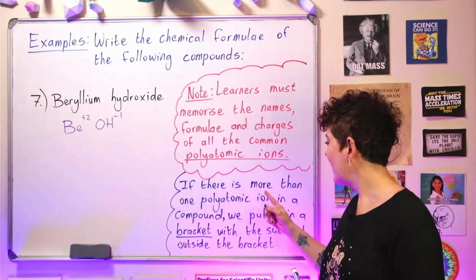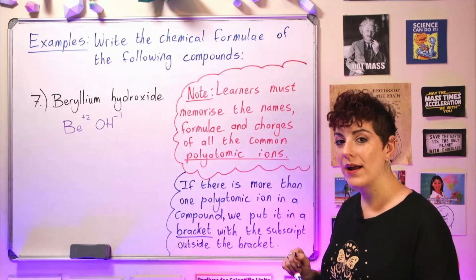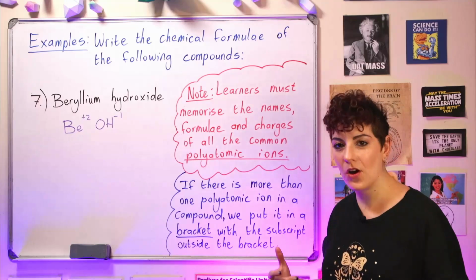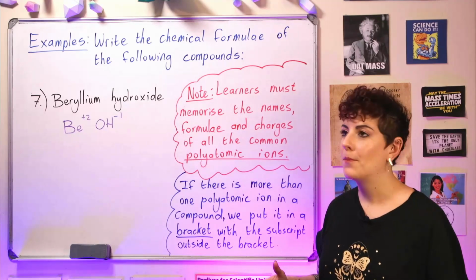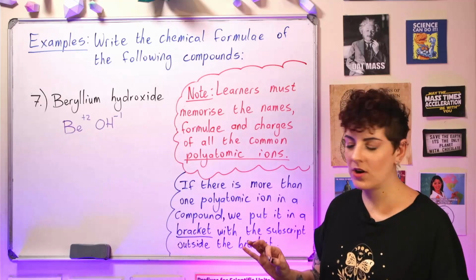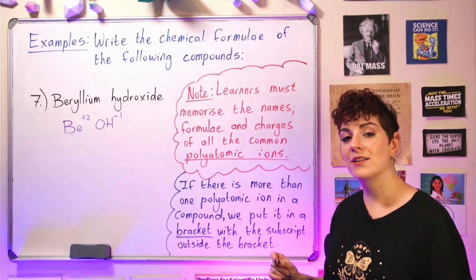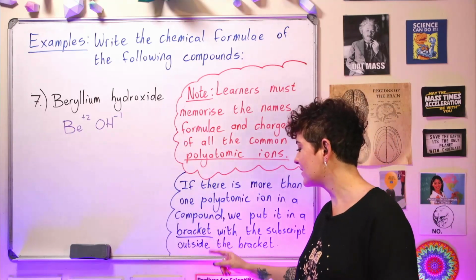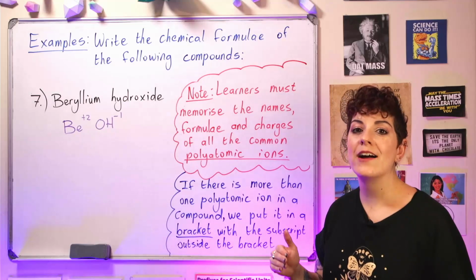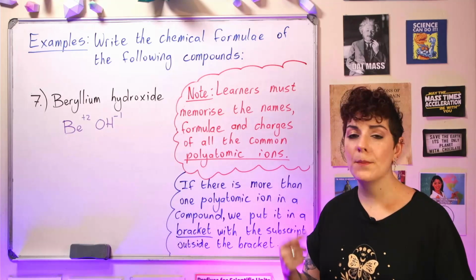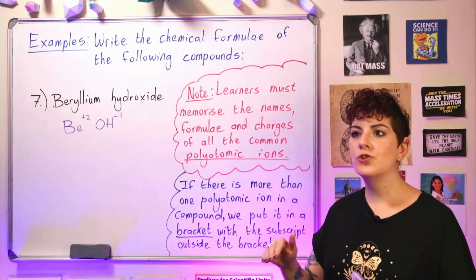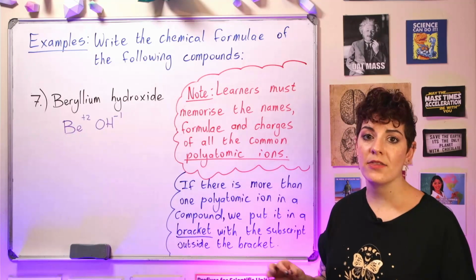I've said if there is more than one polyatomic ion in a compound, in other words, it has a subscript greater than 1, maybe 2 or 3, etc., then you put the polyatomic ion in a bracket with the subscript outside the bracket. If you only land up with one polyatomic ion, then you do not need to put it in a bracket in the formula.